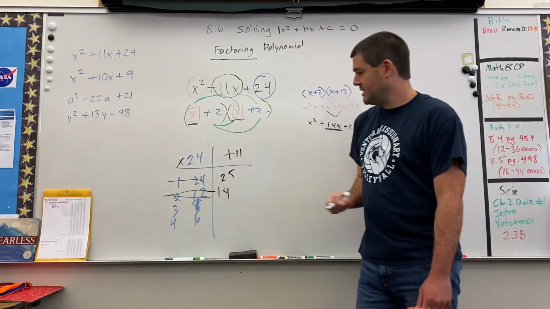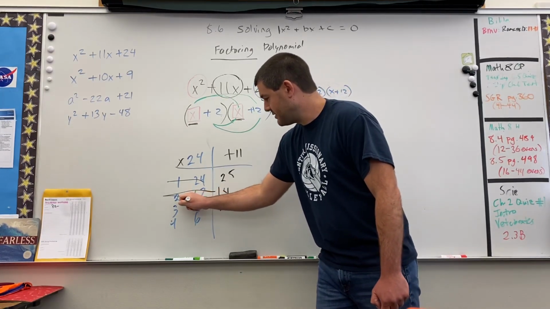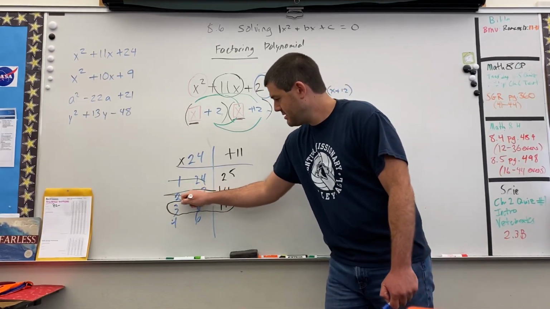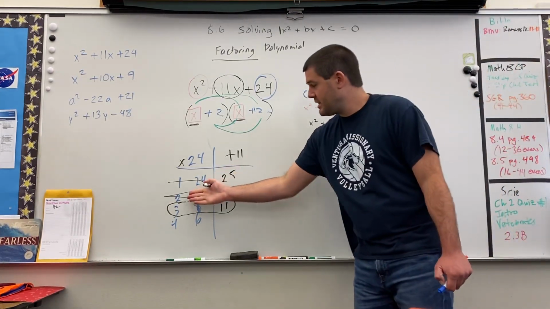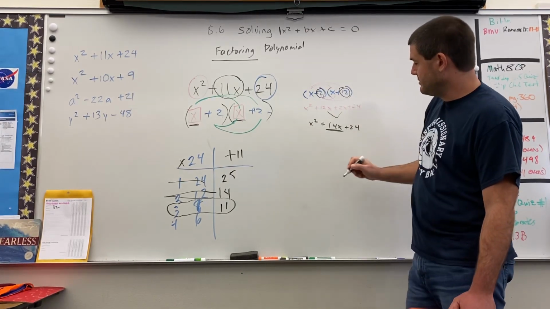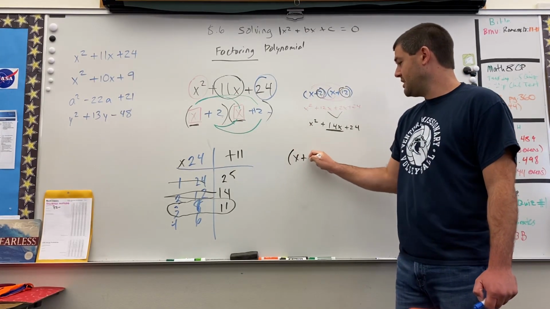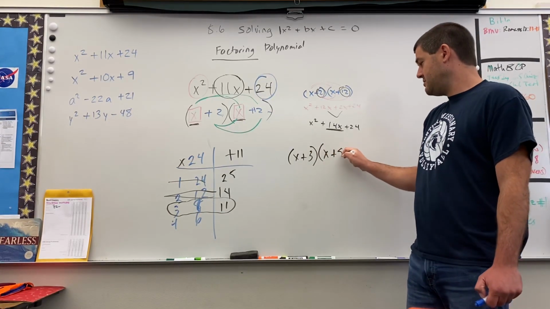Nope, that doesn't add to 11. 3 and 8, that adds to 11. Ding, ding. That is our answer. So we need to use the 3 and the 8 for these spots right here. So x plus 3 times x plus 8.